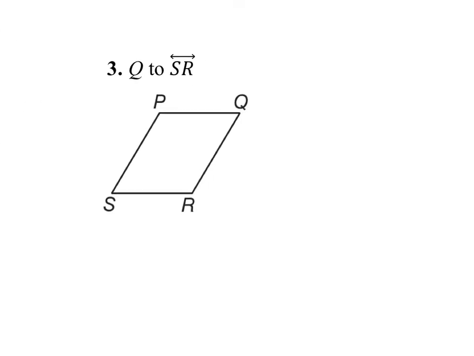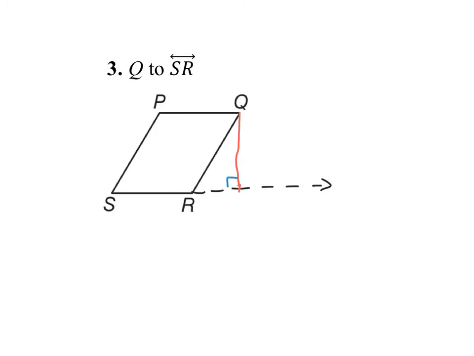Let's come over here to part 3. Now 3 is a little bit confusing because we want to figure out the shortest distance between Q and the line SR, but the problem is if we draw a line straight down, it doesn't actually intersect SR. However, we're talking about line SR. What we're given is a segment on that line. Now what I can do is extend this out a little bit and draw an imaginary line going this way, at which point I can take Q and draw a line straight down from Q, and make a right angle.